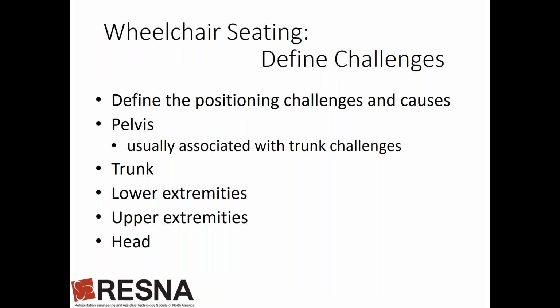So, define challenges. We're going to go through each of these positioning challenges and the cause. Usually, the pelvis is going to be associated with trunk challenges, and so I always start with the pelvis. The sequence of this is pelvis, then trunk, then lower, upper, head.